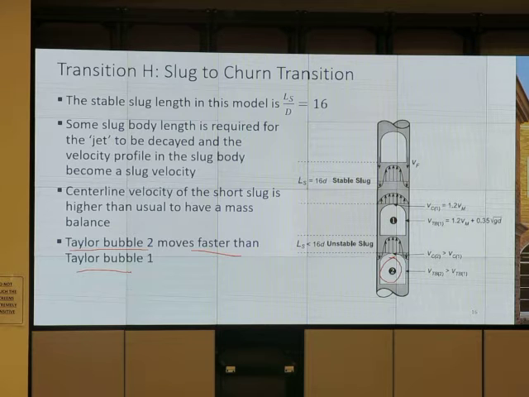When it moves faster, it merges. The question is, how many times does it have to merge until we get a stable slug? A stable slug means this length is 16 diameters. So we have to do some math.